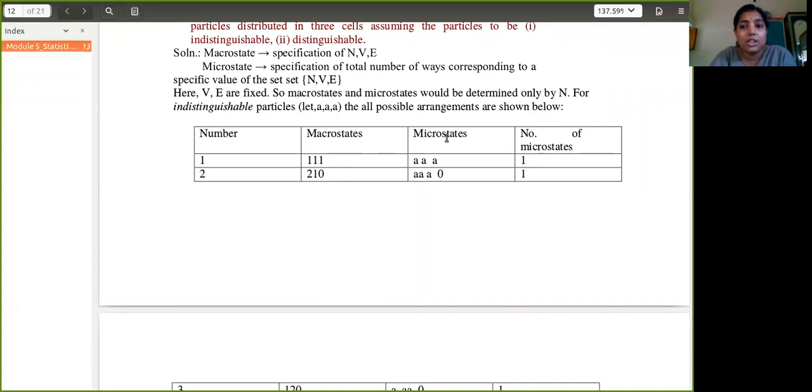So the microstate corresponding to this state will be only one, A. No more combinations will be there. The next macrostate, cell 1 has 2, cell 2 has 1, and cell 3 has 0 particles. So the possible microstate again will be only one.